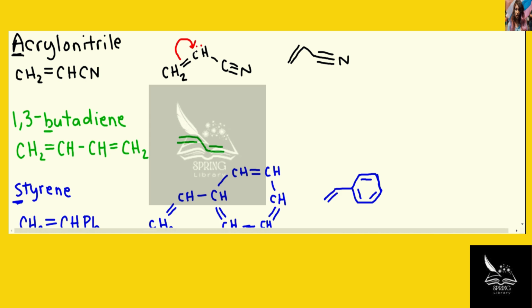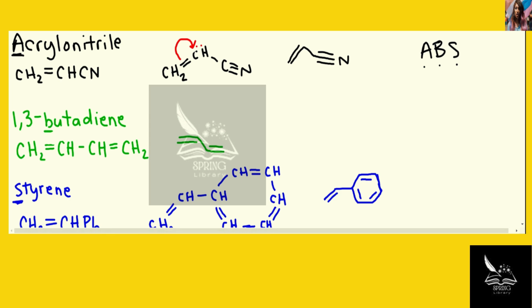If you want to remember a possible structure, you can always remember ABS, the name, and just go in that order. So first, it's the acrylonitrile, then 1,3-butadiene, and last styrene. Okay, so we gave the electrons from that double bond to CH, but now we need to prepare the 1,3-butadiene.